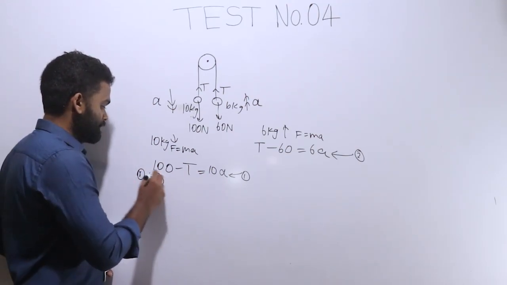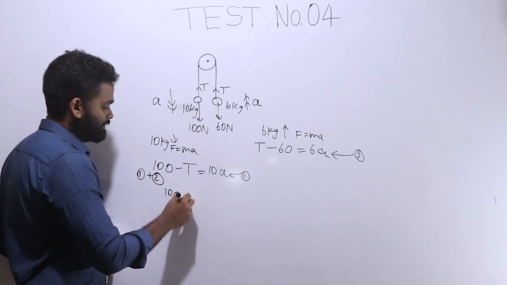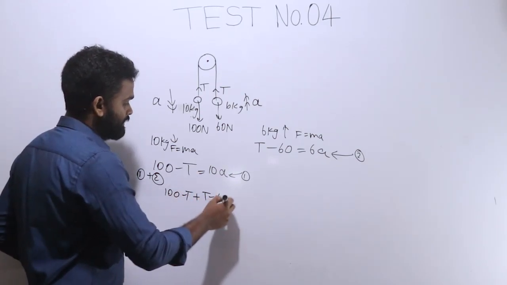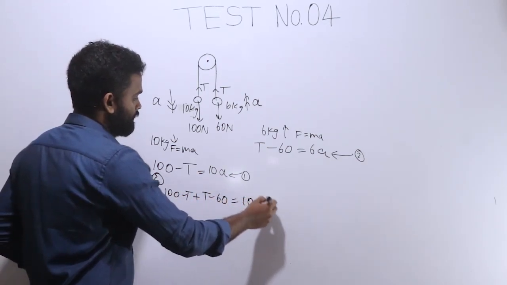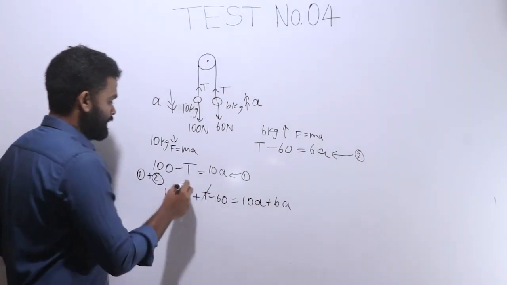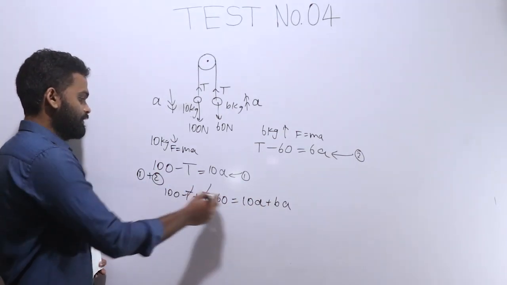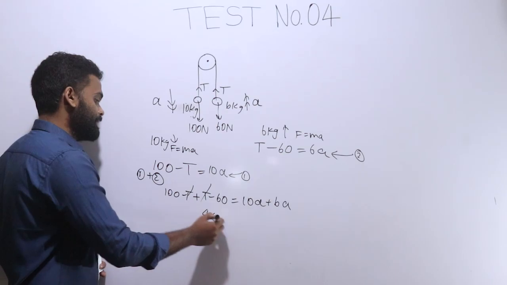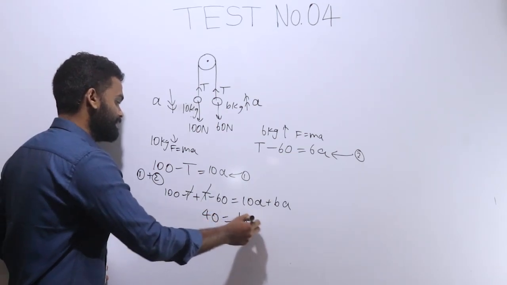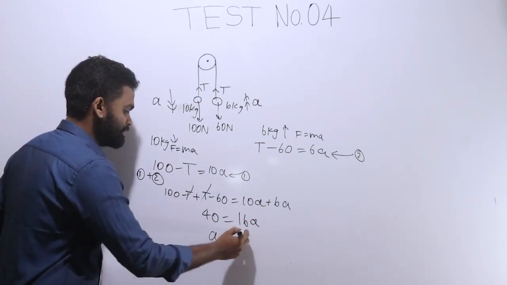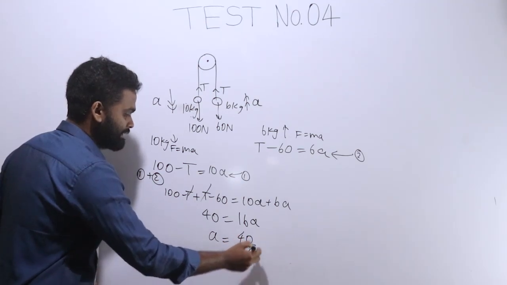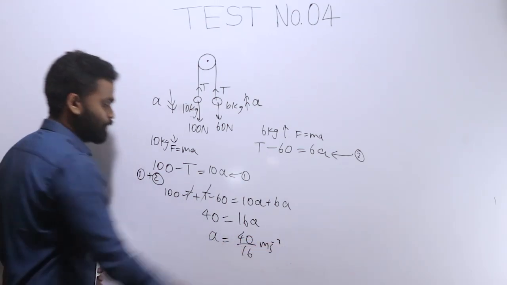Simply add the equations. So 100 minus T plus T minus 60 equals 10a plus 6a. T cancels off. 100 minus 60 is 40. 40 equals 16a, so the acceleration is 40 divided by 16 meters per square second.